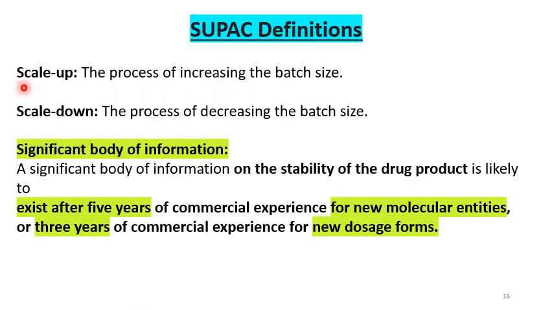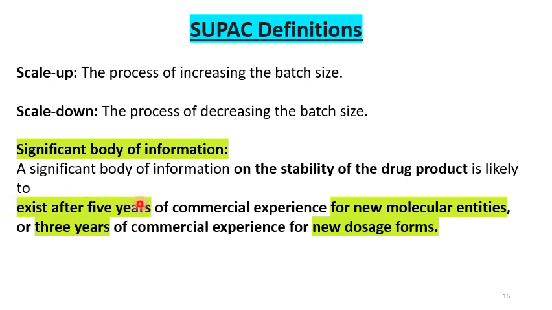Then the definition of scaled up is simple. It is the process of increasing the batch size, and scaled down means the process of decreasing the batch size. Then coming to a very important parameter, that is significant body of information. A significant body of information means the body of information on stability of the drug product is likely to exist after 5 years.